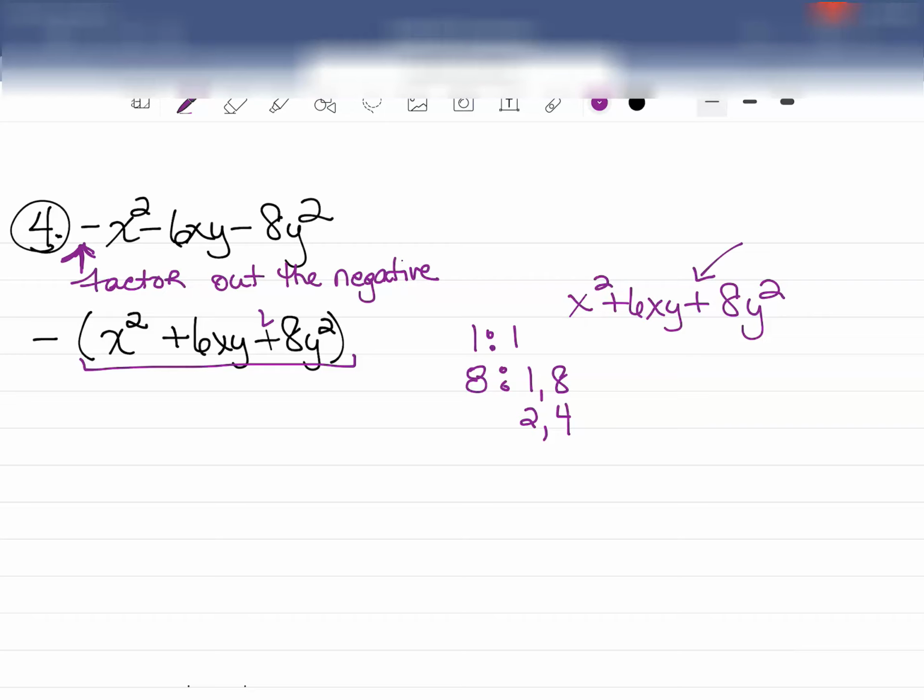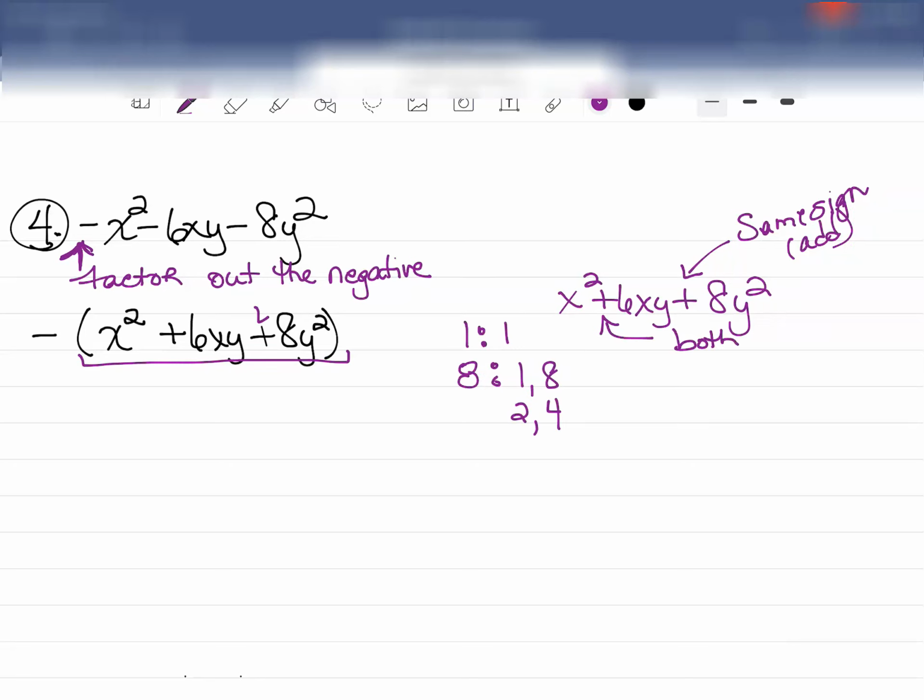The third term is a positive, so I know I'm going to need same signs. The second term has a positive, so those same signs will be positive. So I need to find the factors of 8 that are going to add to give me a 6.